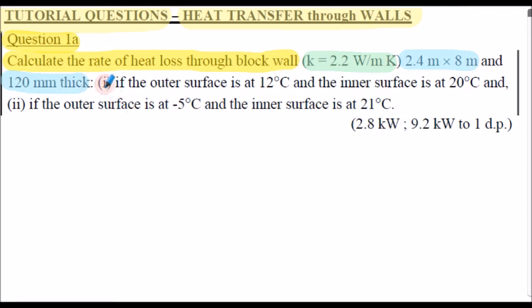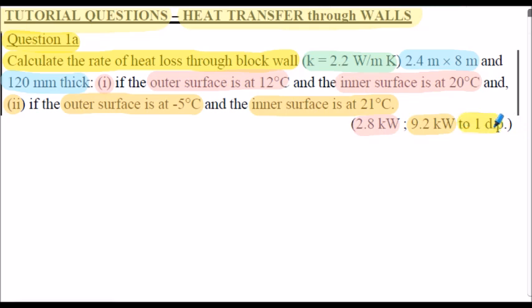The first part wants us to calculate the rate of heat loss if the outer surface is 12 degrees C and the inner surface of the wall is 20 degrees C. And part 2, we've got to calculate the rate of heat loss if the outer surface of the wall is negative 5 degrees C, often referred to actually as minus 5 degrees C in general parlance, and the inner surface temperature is 21 degrees C. Answers are shown in the bracket here to 1 decimal place.